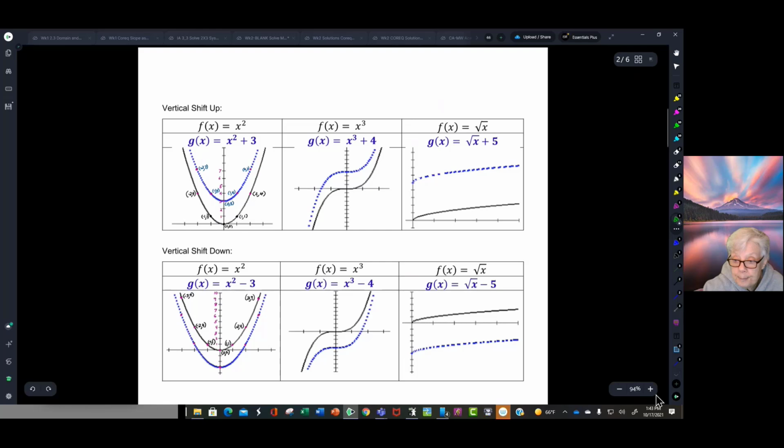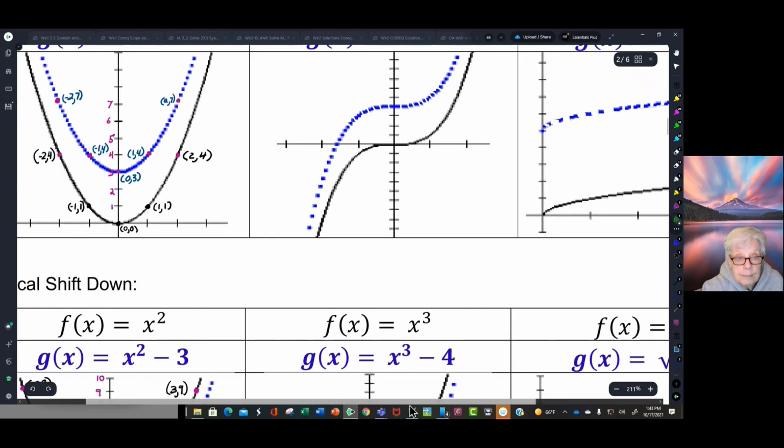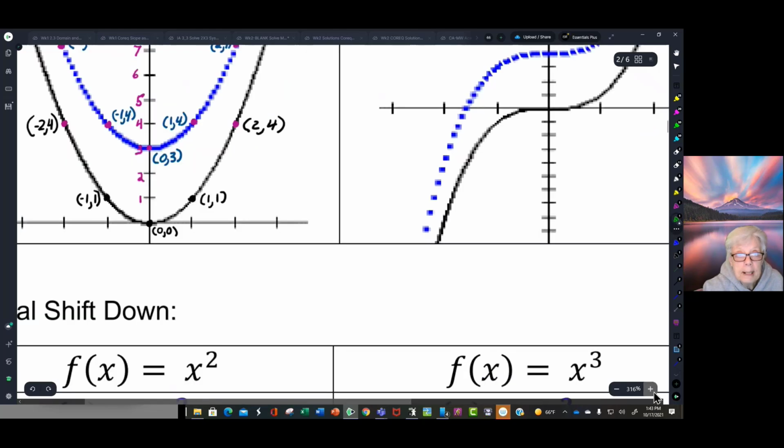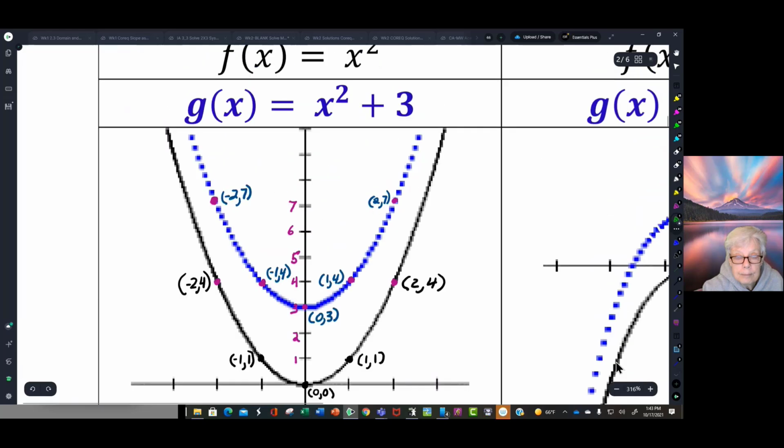Let's take a look. Make it a little bigger. That +3 adds to all the y coordinates, but leaves the x's where they are. That's true for all vertical transformations. The x's are left in place. It's the y's that change.